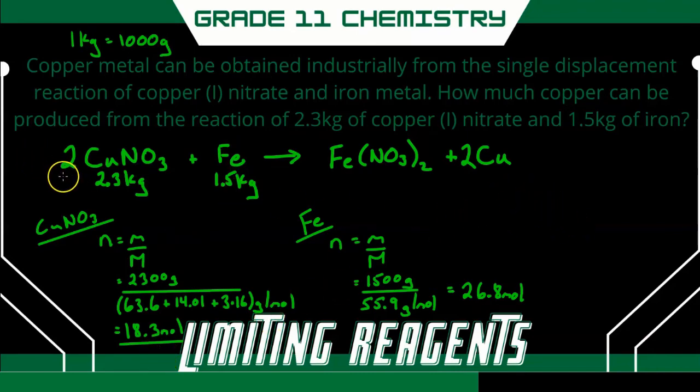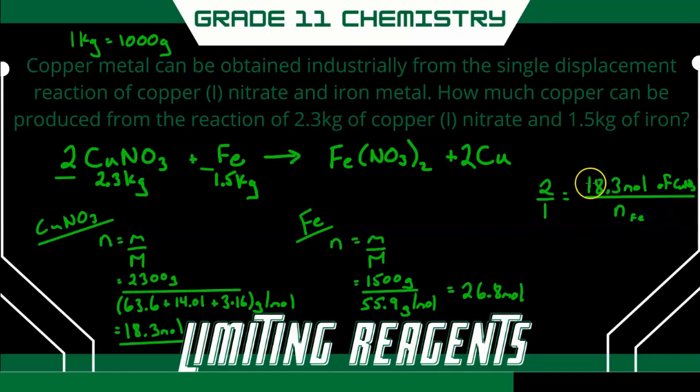So our ratio is 2 to 1. So we have a 2 to 1 ratio of moles of copper nitrate, which we have as 18.3 moles of CuNO3, divided by the number of moles of iron required to completely react with all that copper nitrate.